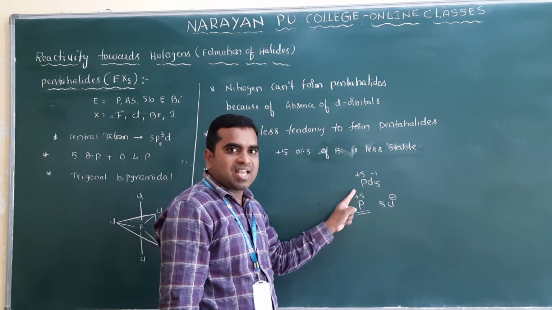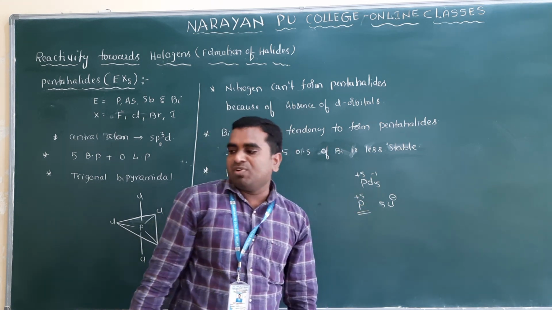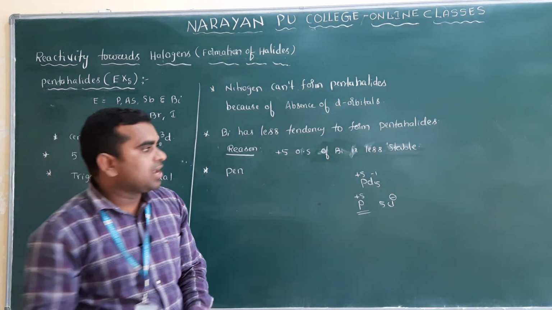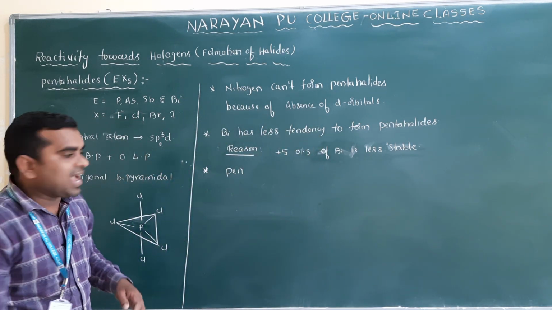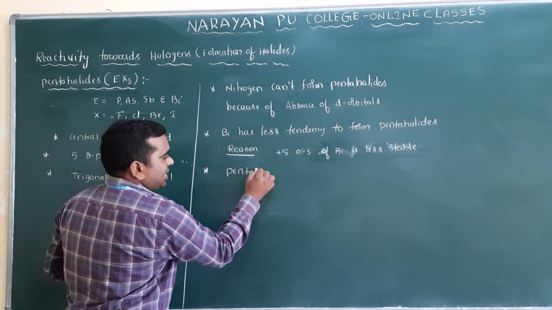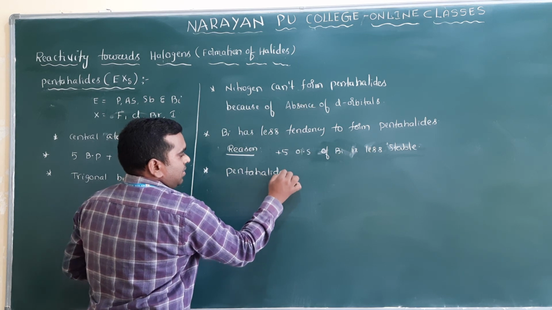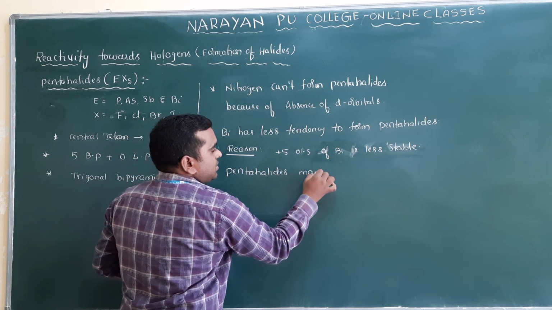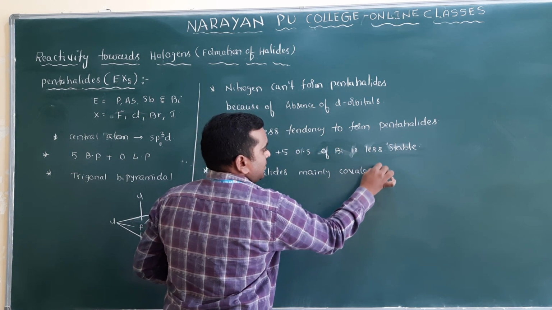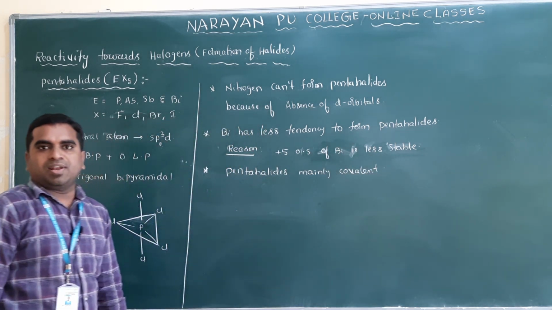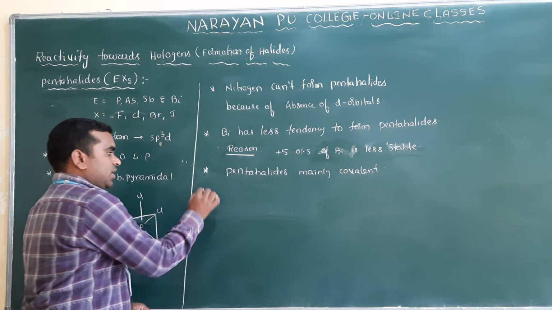If the charge is high, those compounds mainly form covalent compounds. So pentahalides are mainly covalent. Clear?